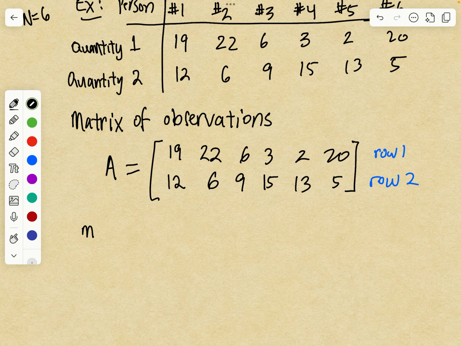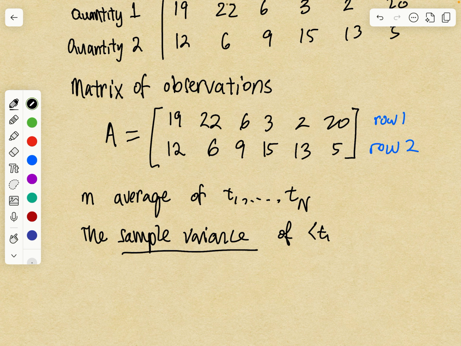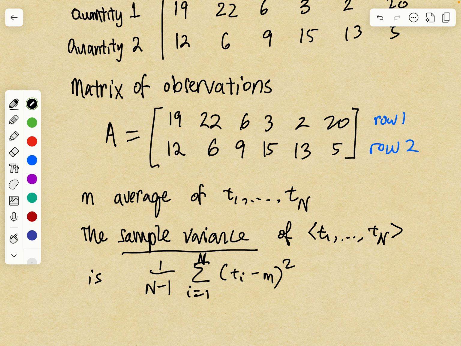If we let m be the mean of n measurements, say t1 to tn, then we say that the sample variance of the vector t1 through tn is 1 over n minus 1 times the sum from i equals 1 to n of ti minus m squared.